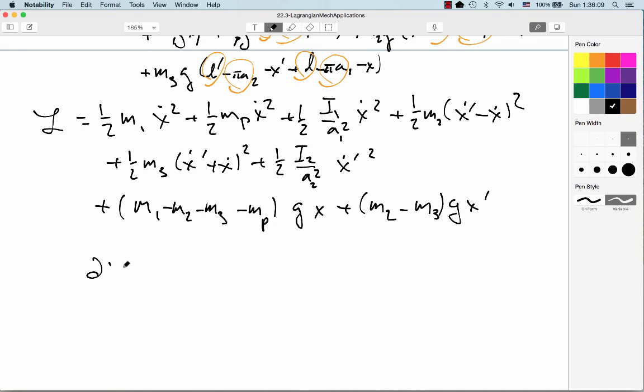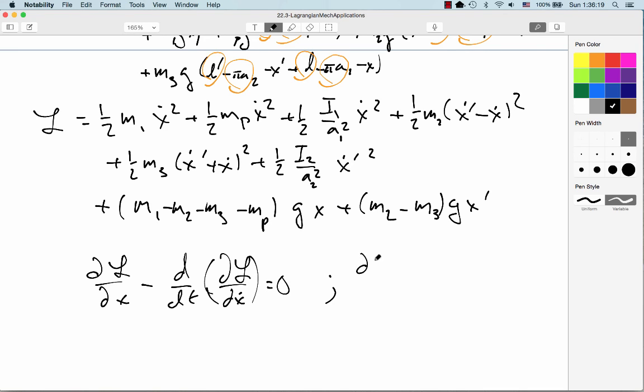So the equations of motion will be partial L partial X minus d/dt of partial L partial X dot equals 0, and partial L partial X prime minus d/dt of partial L partial X prime dot equals 0.